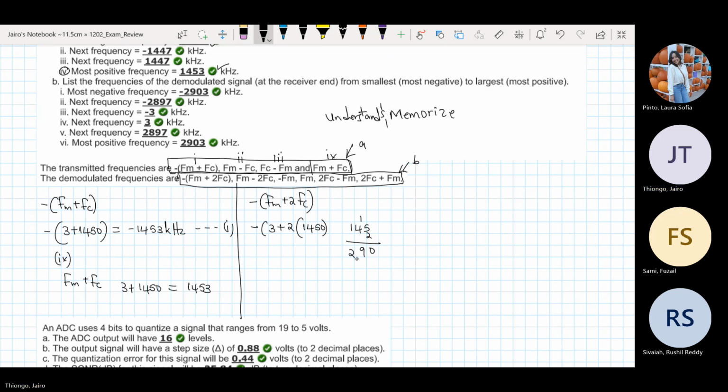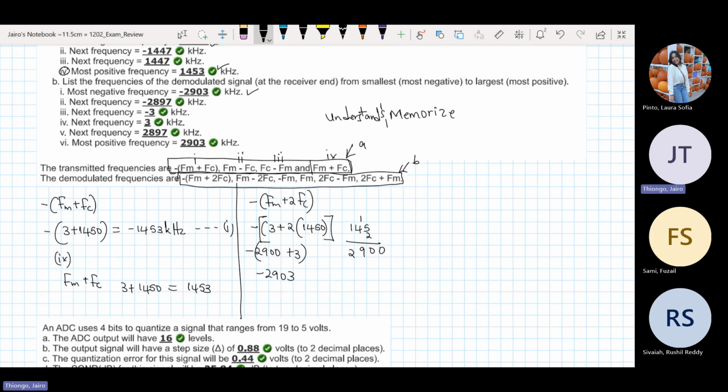Is that right? Yeah. And then 0. So 2900 plus 3, and the whole thing negative. I need to put bars over here. So minus 2903. And that's what we're given here.